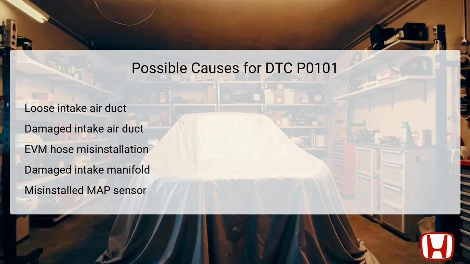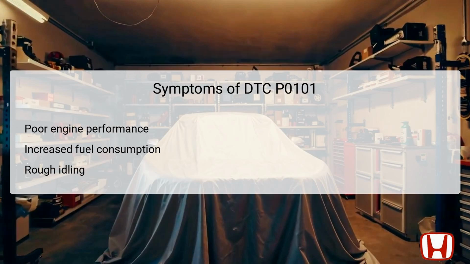Regular checks of these components are vital for maintaining engine performance and preventing the premature triggering of DTCs. Additionally, problems such as a damaged blower motor or improper functioning of the positive crankcase ventilation (PCV) hose can lead to similar issues.